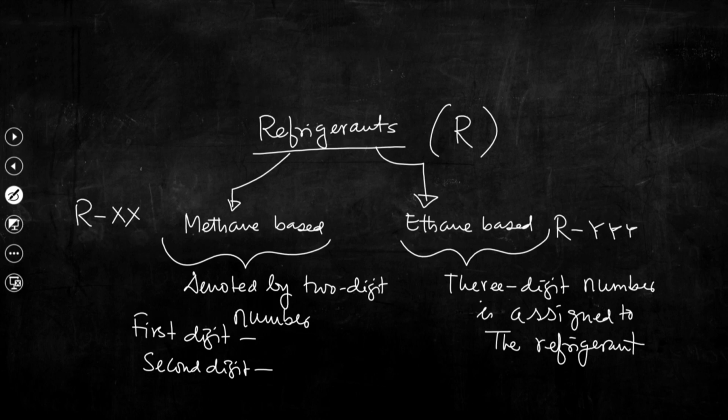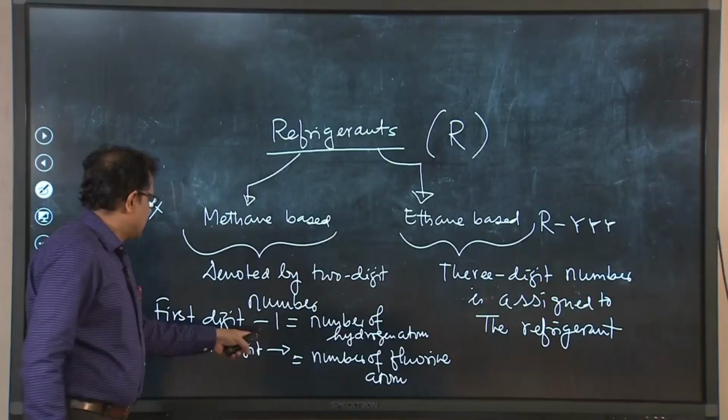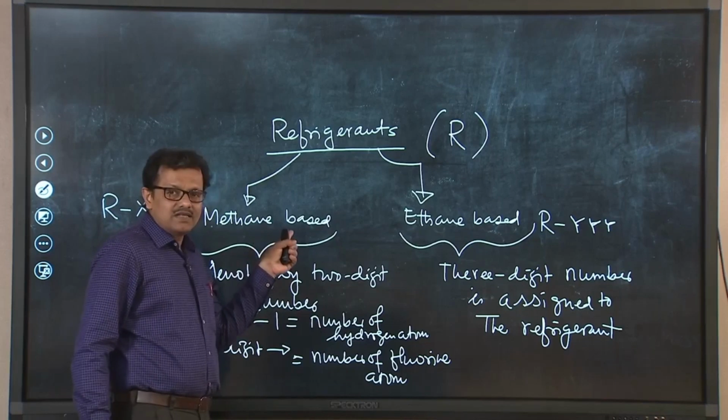So, first digit minus 1 is the number of hydrogen atoms, second digit indicates number of fluorine atoms. So, this is number of fluorine atoms, right, and remaining because carbon, methane based.